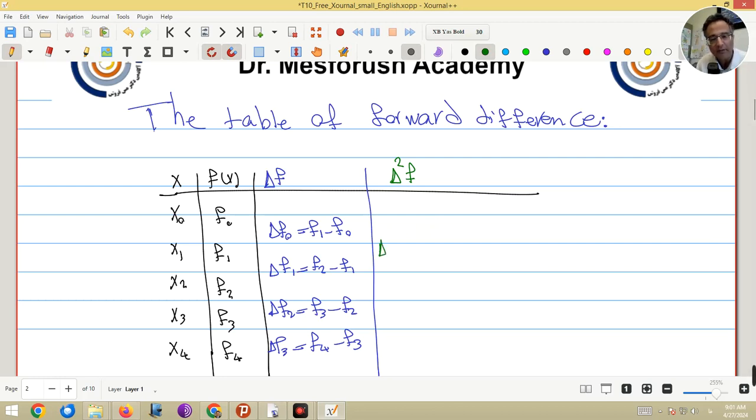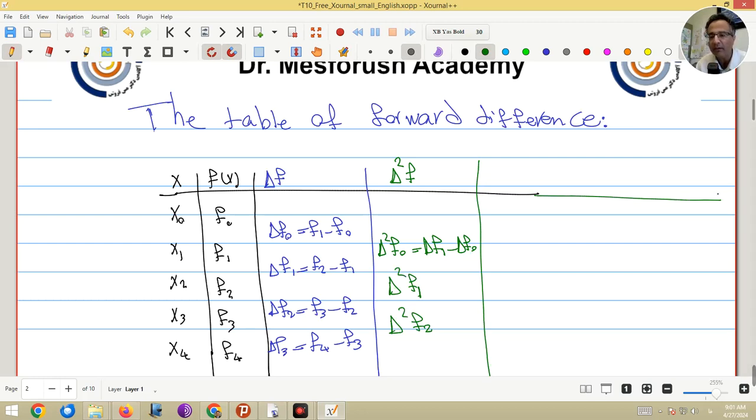Here I get delta squared f0, it will be delta f1 minus delta f0, and from the next two I get delta squared f1, and then delta squared f2. This is the second column. And now I can continue in the same way.